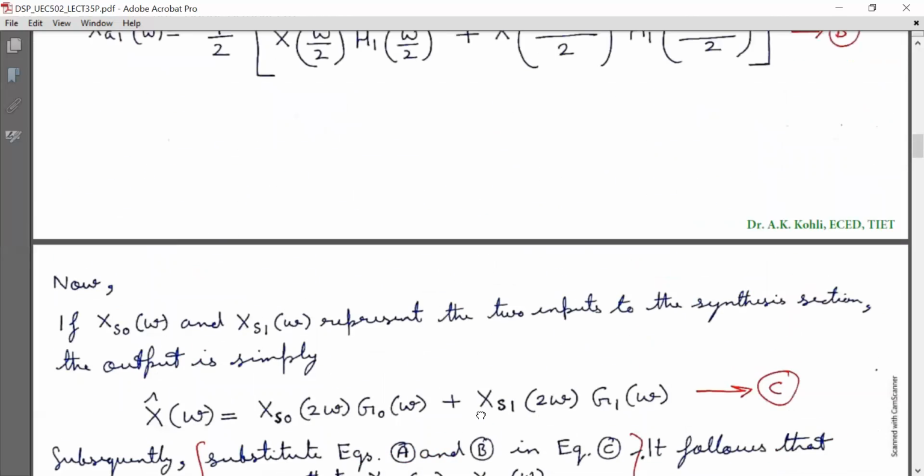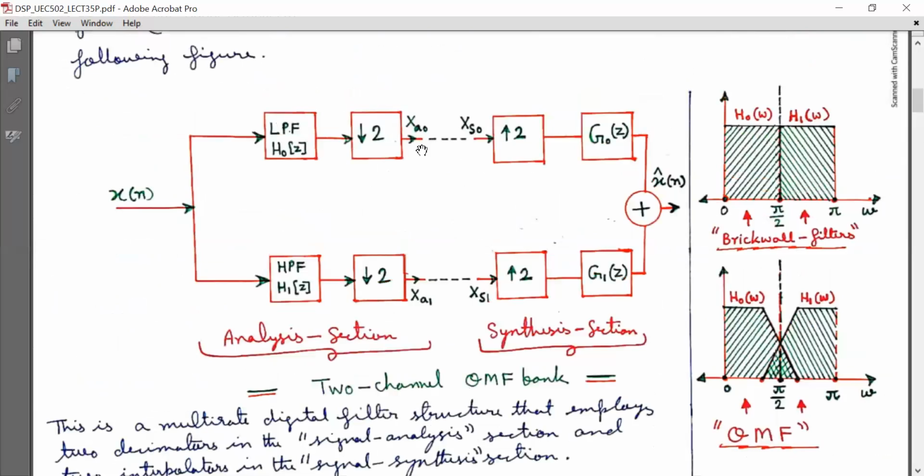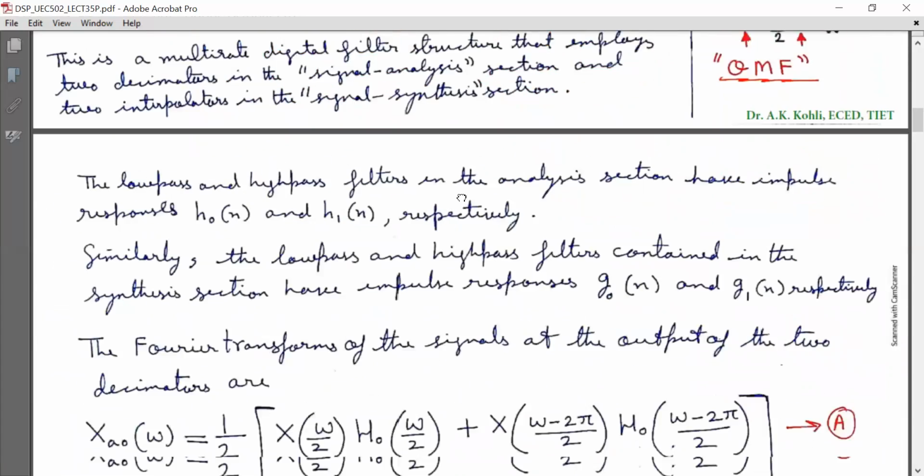What is the meaning of this? This means we have directly attached the analysis section with the synthesis section. This means XA0 is equal to XS0 and XA1 is equal to XS1.